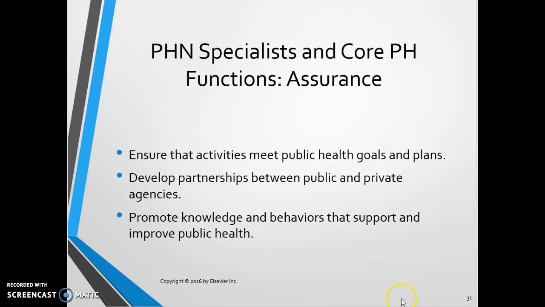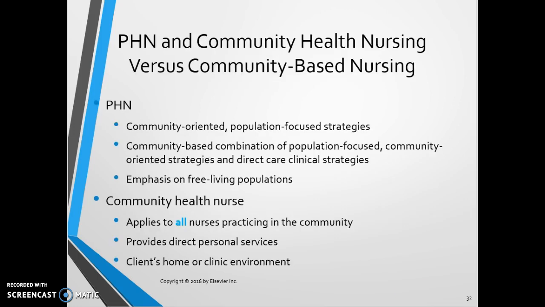So assurance. Assurance ensures that activities meet public health goals and plans, develop partnerships between public and private agencies, and they promote knowledge and behaviors. So I want you to kind of look at the rest of the PowerPoint. You have public health community nursing.